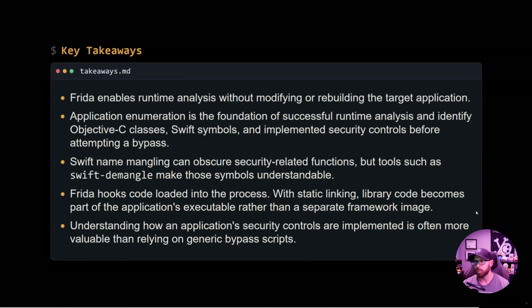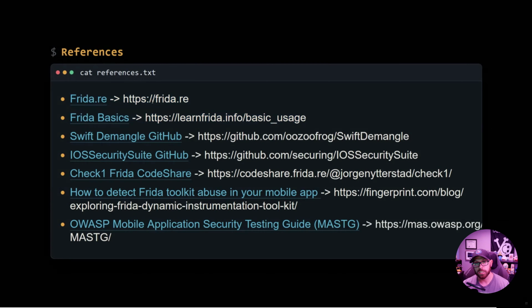So finally, some references. If you're new to Frida, I would recommend reviewing the top two sites, frida.re, its main site, and then Frida Basics to learn the basics of what Frida is doing. Here's Swifty Mangle, which is what we used earlier in this presentation. iOS Security Suite, here are the security controls that we bypassed. Here's the Frida CodeShare that we used.